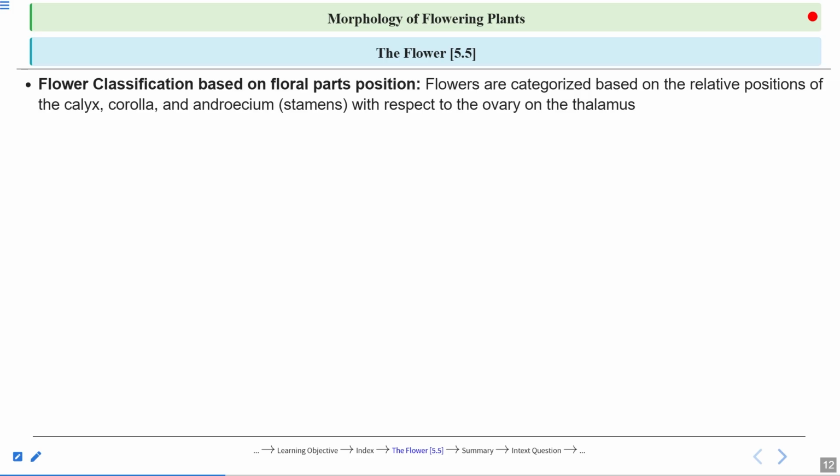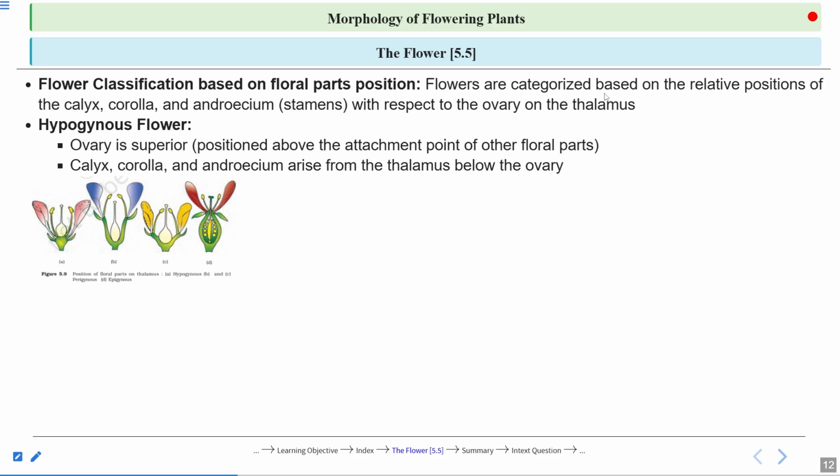You all know the thalamus. See this picture. The green part in the first one is the thalamus. This is the ovary, this is the style, and this is the stigma. This is the pistil or carpel part, and it is attached to the thalamus.